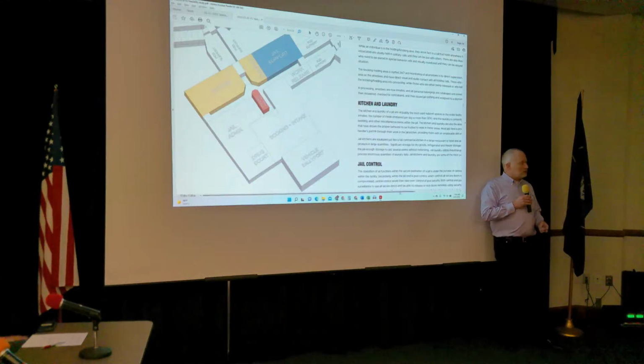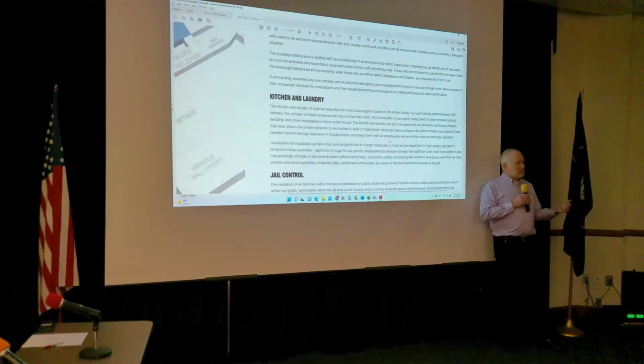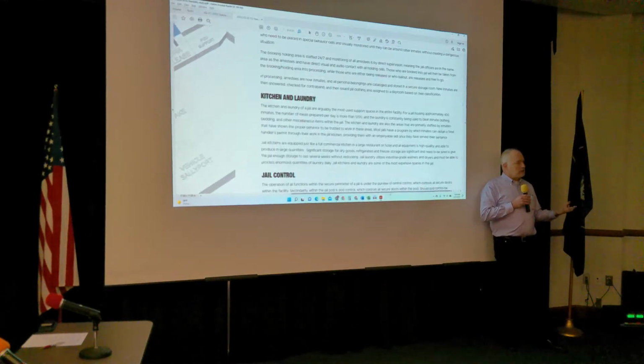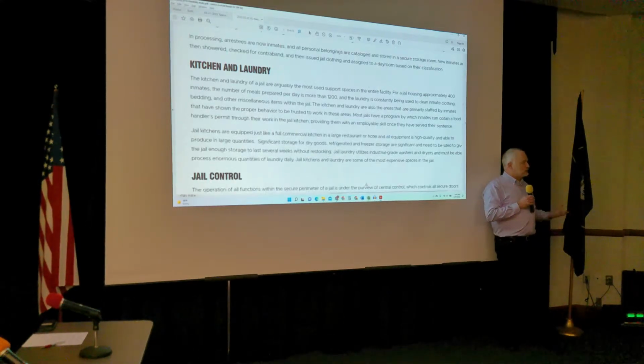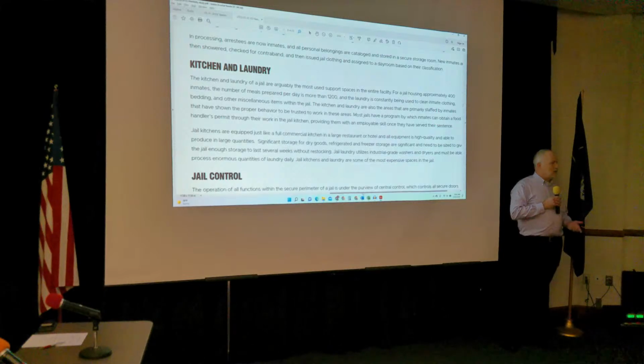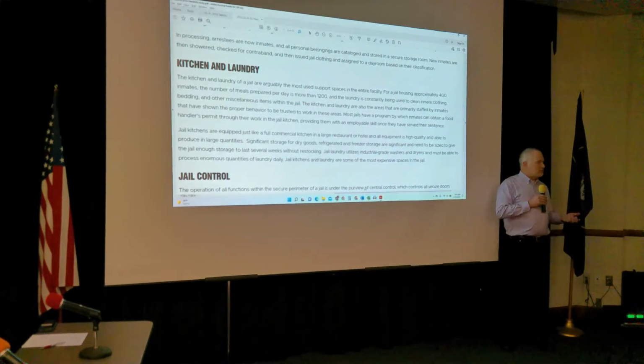It's very much like a very large hotel. So the kitchen spaces and the laundry spaces have very high capacity, commercial grade and industrial grade equipment. They're also probably two of the most expensive spaces in the jail from a cost per square foot point of view, but they're absolutely necessary because they're really the heart and soul of what makes the jail operation go.